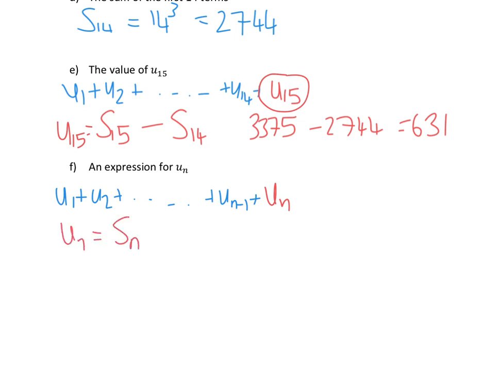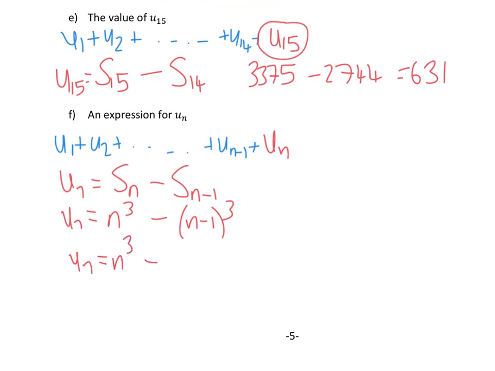So I need the sum all the way up to n, take away the sum all the way up to n minus 1. Now, you remember what the formula is, so look back to the top of the page. Sn is n cubed, so S(n minus 1) will be (n minus 1) cubed.